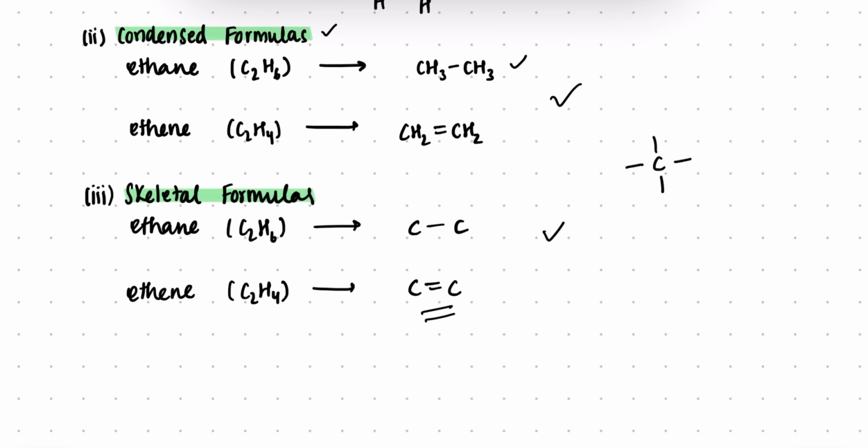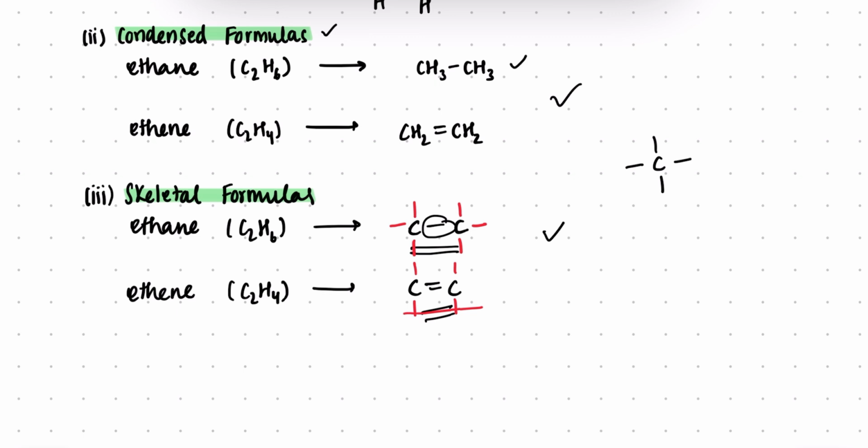So in ethane, we only showed 1 bond between carbon and carbon. There are still 3 other bonds on each carbon, or in ethene's case, 2 bonds on each carbon that are not shown. So when they're not shown, we just automatically assume that they're bonded to a hydrogen atom.